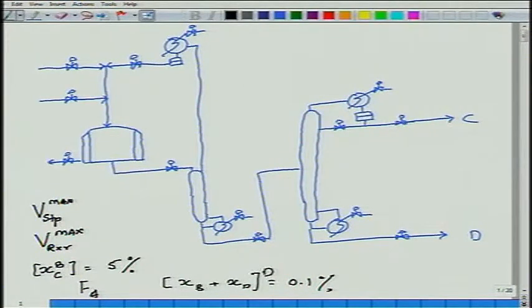Then the next thing that we discussed was, I may also get an instruction from above which tells me to maximize throughput. When I try to maximize throughput, boil up in the second column goes active. So as throughput is being increased, V column, boil up in the column reaches max.